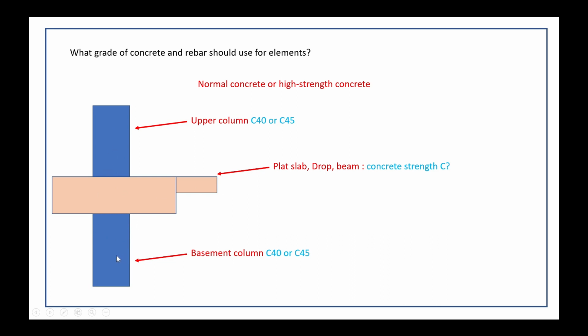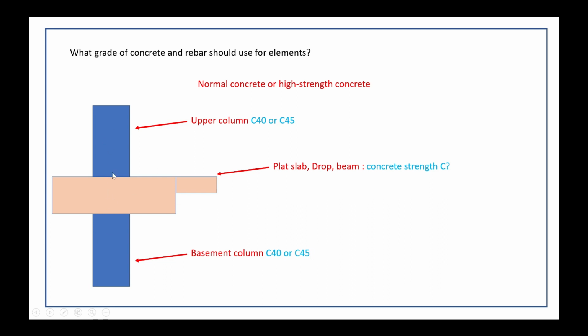You do not design the slab to resist the lateral and gravity load like the column, so you use the normal strength of concrete for the slab. For example, you use C25 or C30 for the slab, and for the upper column and lower column you use C45, C50 or C60 megapascal.